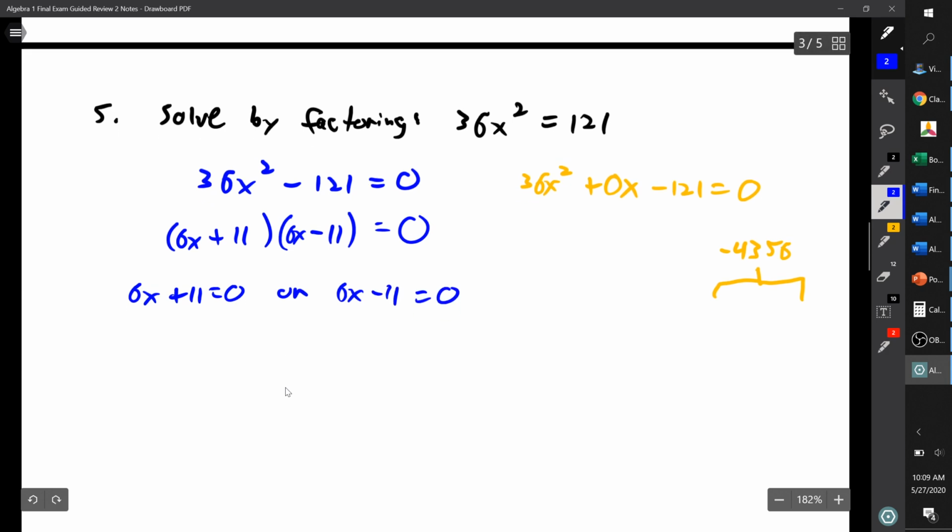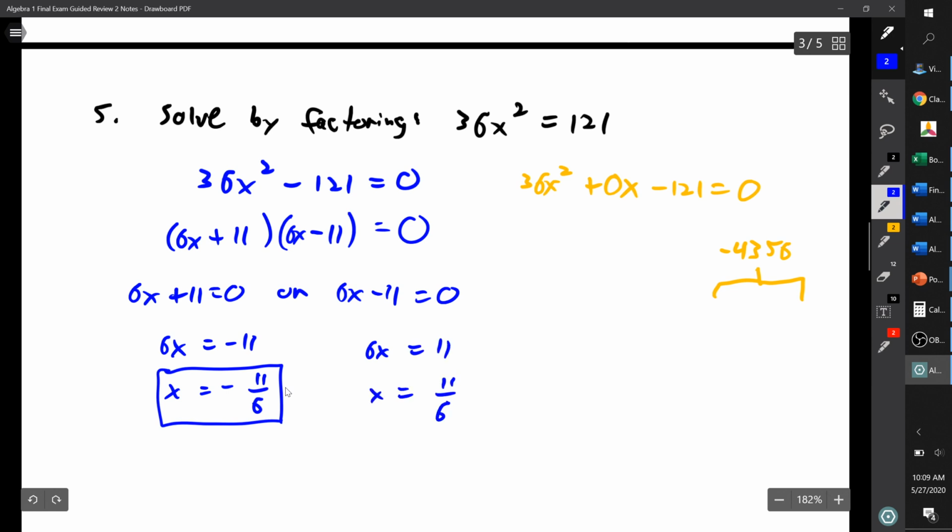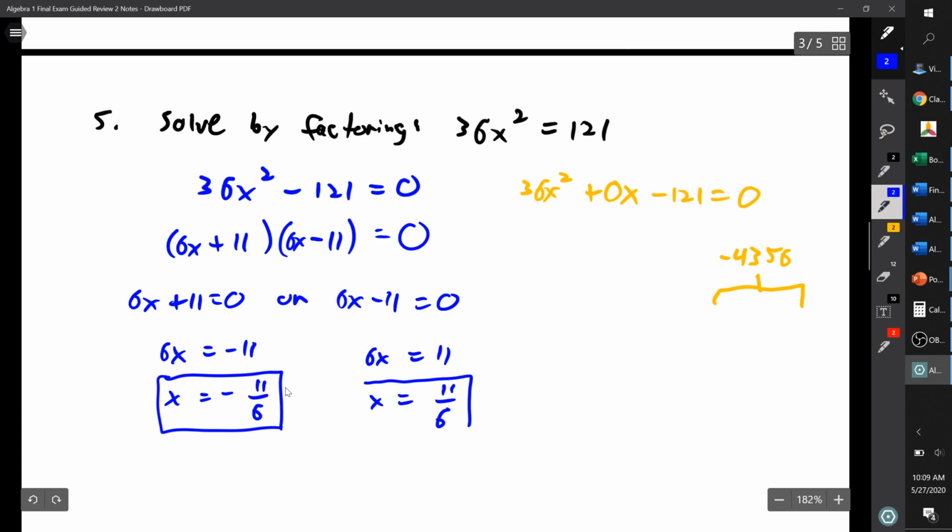This one becomes 6x equals negative 11, so x equals negative 11/6. And this one becomes 6x equals a positive 11, so x equals a positive 11/6. And that is the solution. So what was going on here was a difference of squares, and factoring a difference of squares in order to solve. Okay, that is numbers 4 and 5.